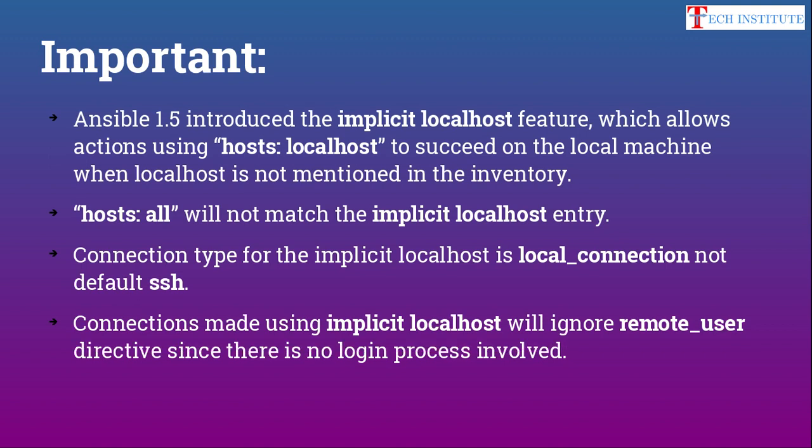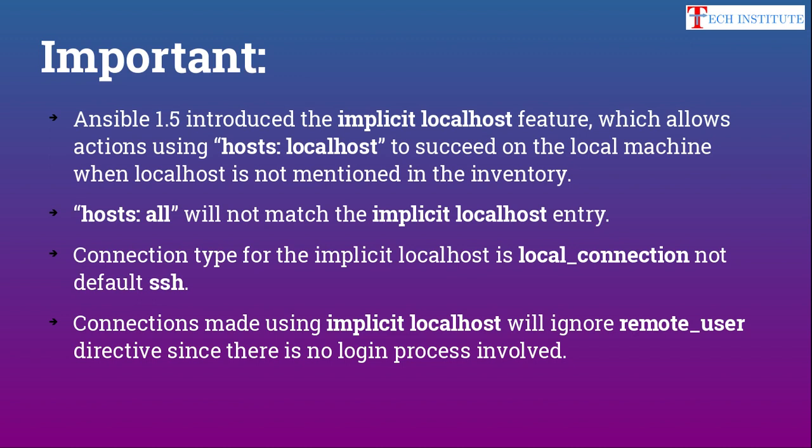One more thing you need to remember: when you use implicit localhost, as it uses the local connection, obviously it will not do SSH. So that's why it will ignore your remote_user parameter, since you are not using any SSH. The remote_user parameter is used when you do SSH, like suppose you are putting ansible_admin as the user, so it does ansible_admin@ whatever IP or hostname for your target machine.